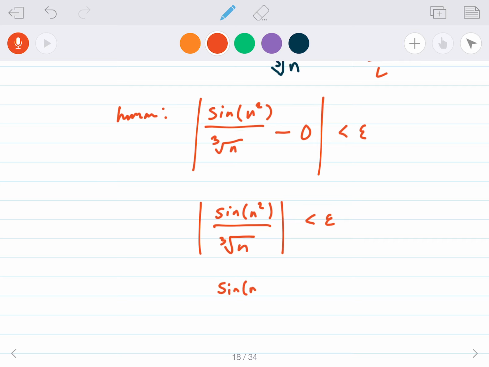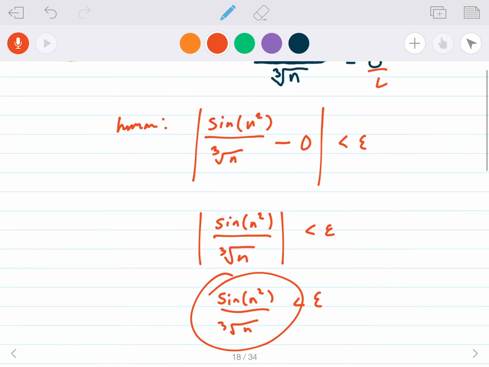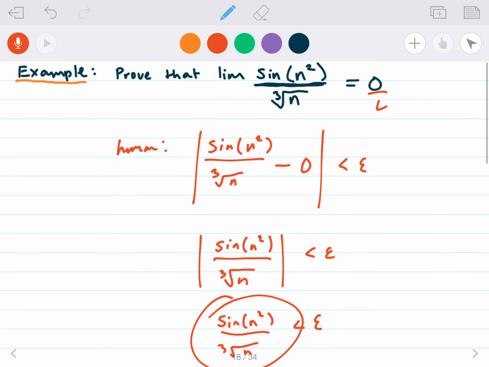I'm showing you this just to show you what's wrong. We're trying to get little n by itself, but we can't isolate little n, because we have sine of little n. We can't do this. It's getting messy. It's getting unruly.